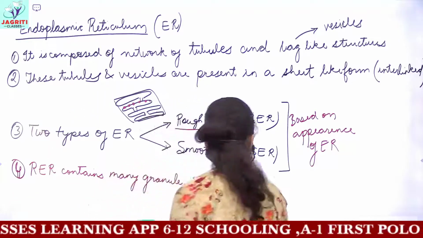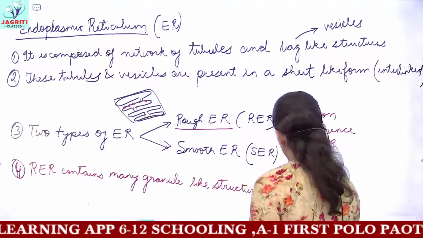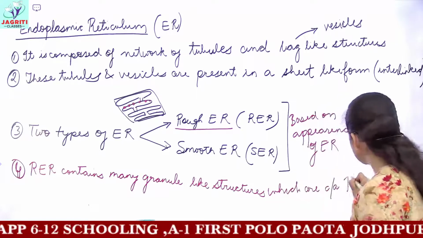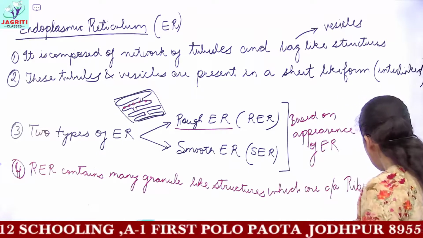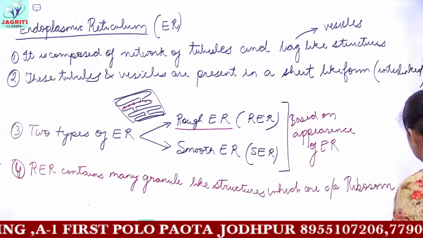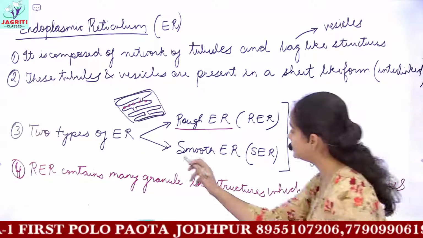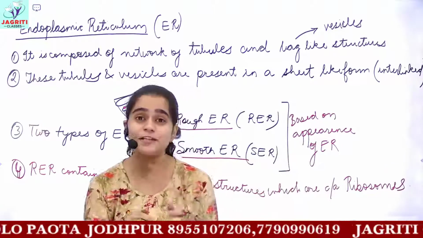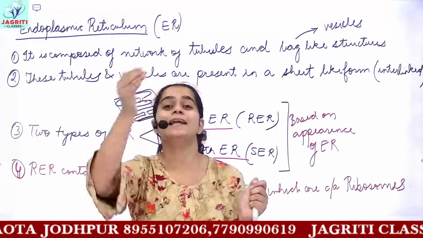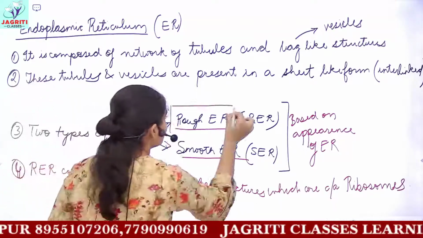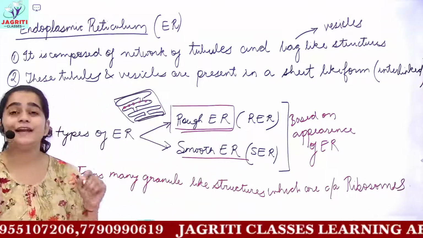In turn, smooth endoplasmic reticulum does not contain ribosomes on its surface, so it appears plain, soft and smooth. So this is the reason why you call it rough endoplasmic reticulum.